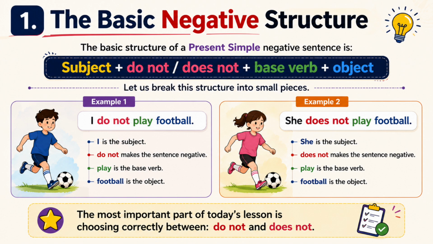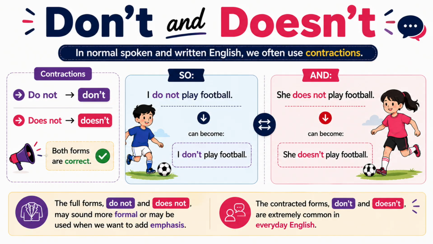Play is the base verb and football is the object. Now look at another example. She does not play football. She is the subject. Does not makes the sentence negative. Play is the base verb and football is the object. The most important part of today's lesson is choosing correctly between do not and does not.